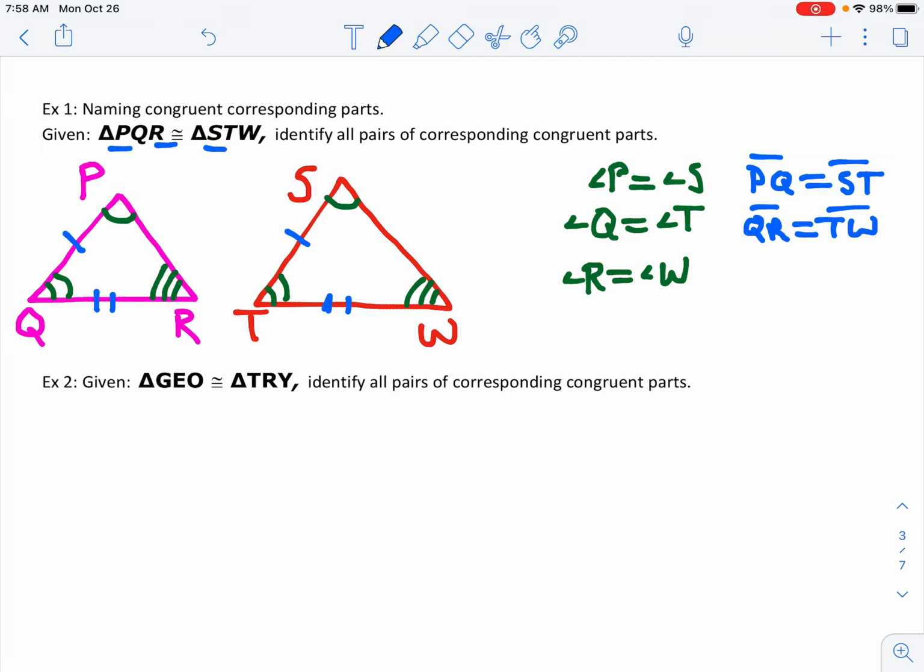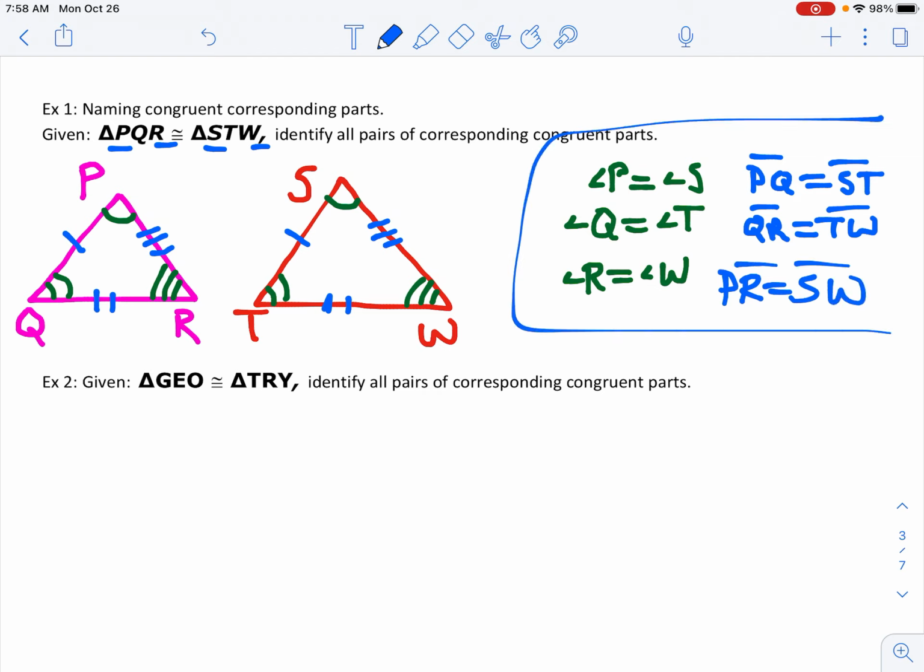So PR will go with SW, 1, 2, 3, 1, 2, 3. PR equals SW. We have listed the 3 congruent angles and the 3 congruent sides. That gives us a total of 6 corresponding parts.